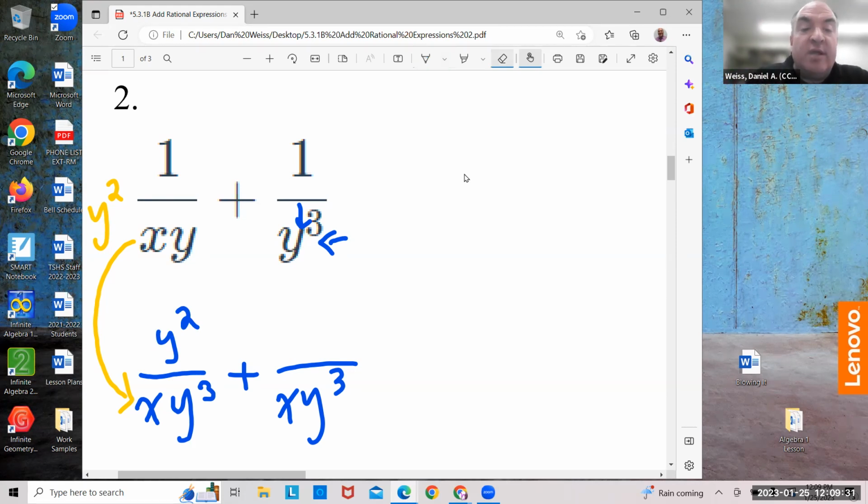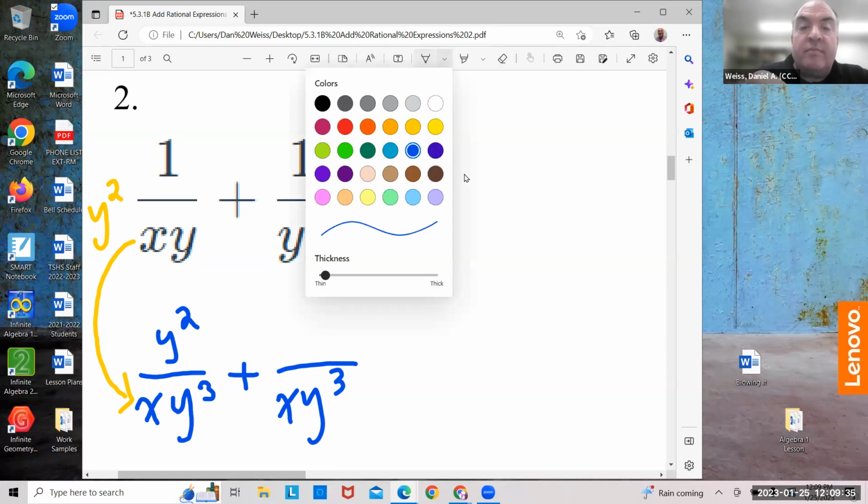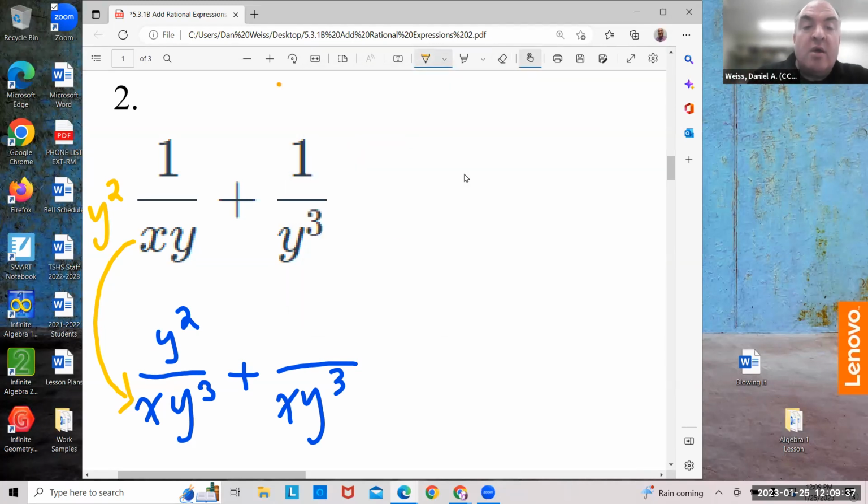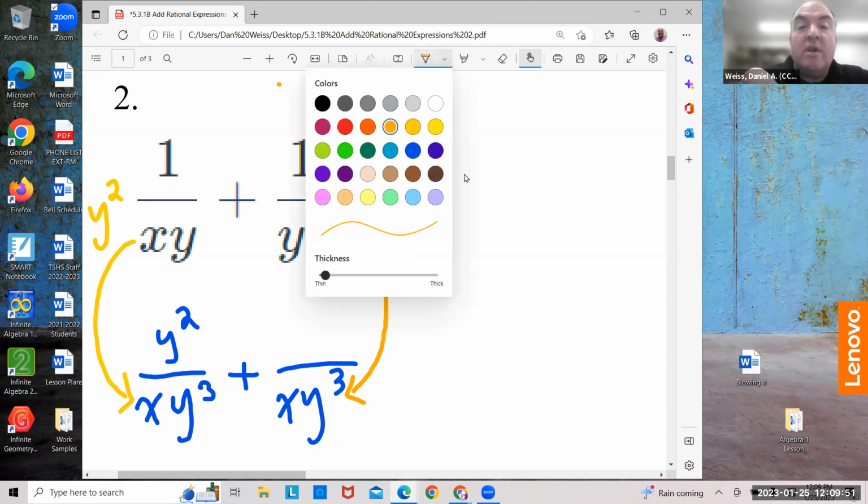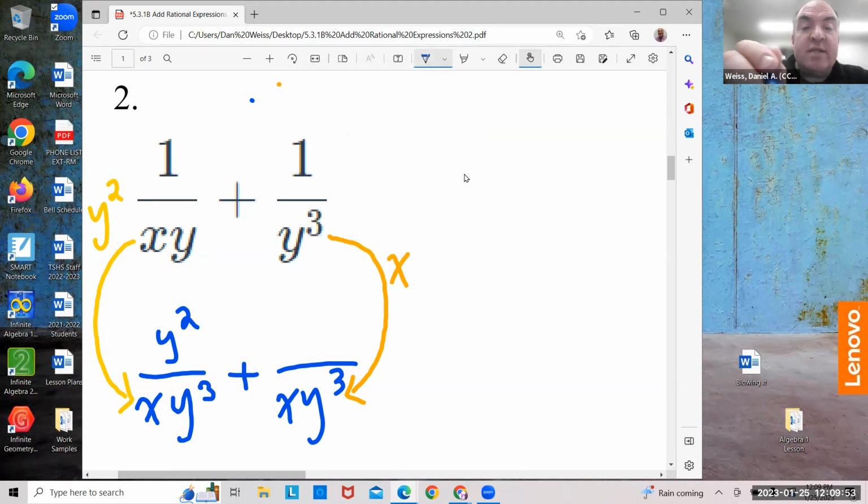Now over here, what does y to the third get multiplied by in order to make x y to the third? It gets multiplied by x. So 1 times x is x.